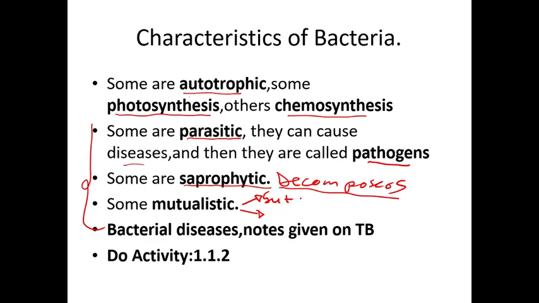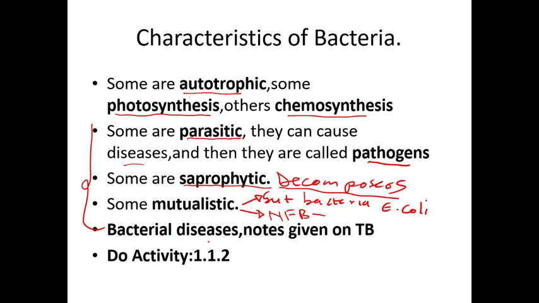You're going to talk about gut bacteria, aka your E. coli, which gives humans, for example, vitamins, and then they get in return food. Similarly, your nitrogen fixing bacteria provide your plants with nitrates, and then plants provide them with food.